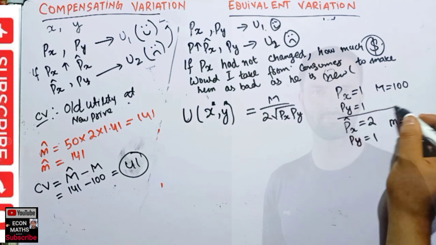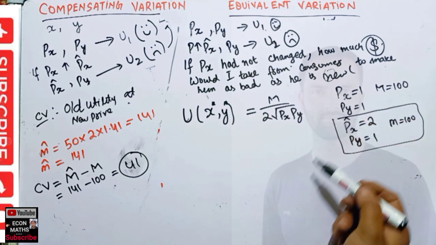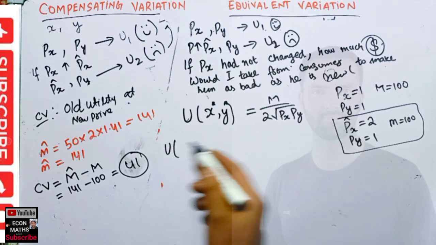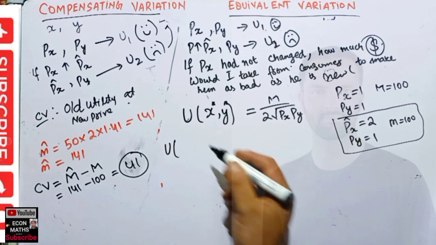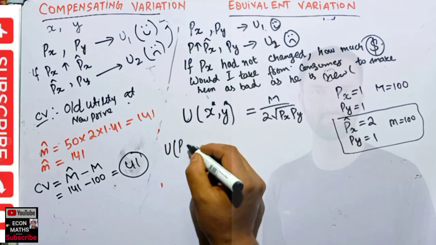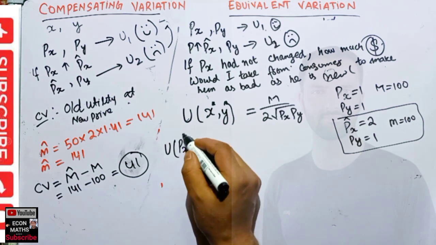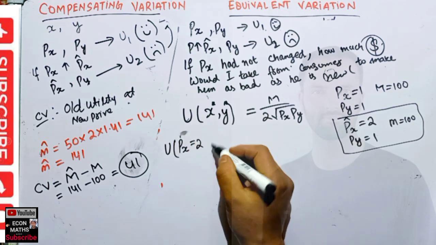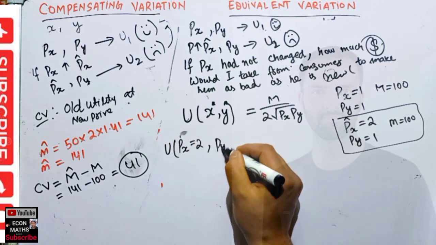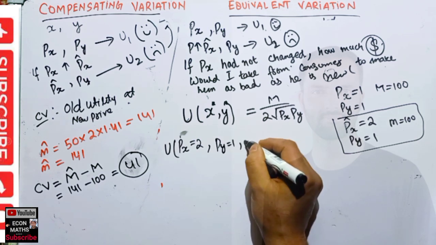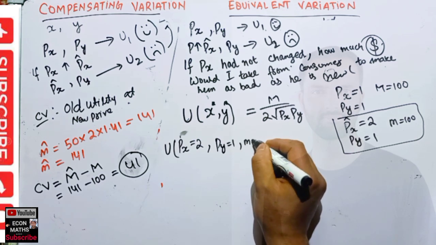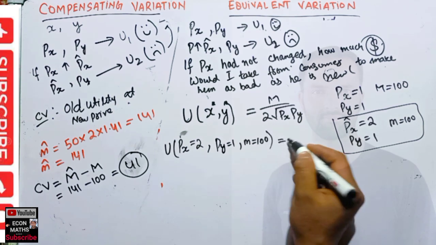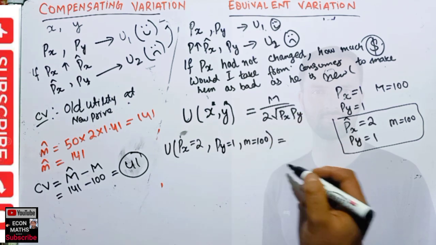Okay, two scenarios we have here. Let us first see how much utility the consumer gets when price of x has changed to $2, price of y remains the same, and income of the consumer is 100. So just plug these values here.